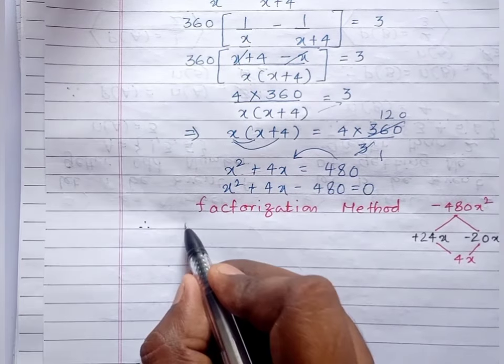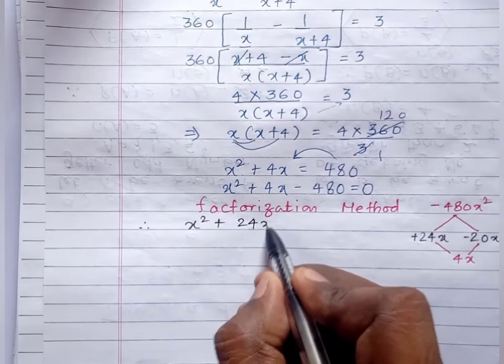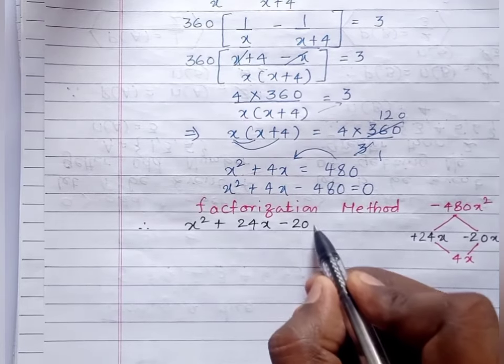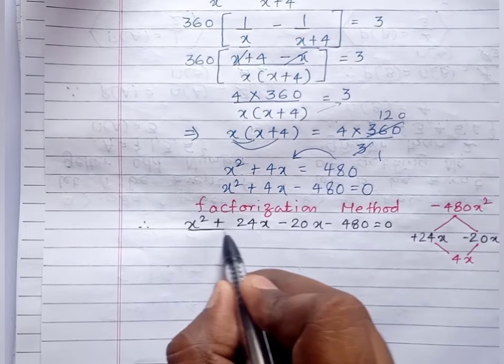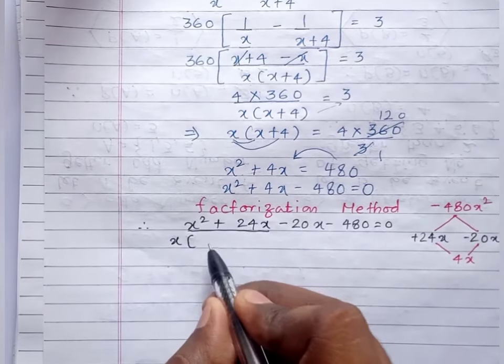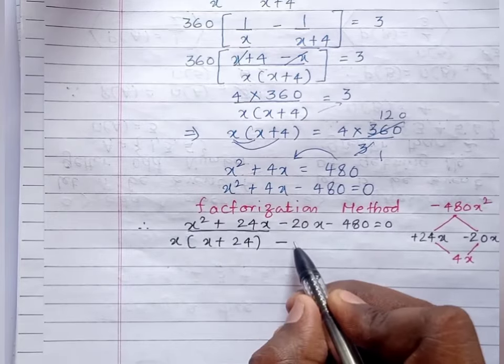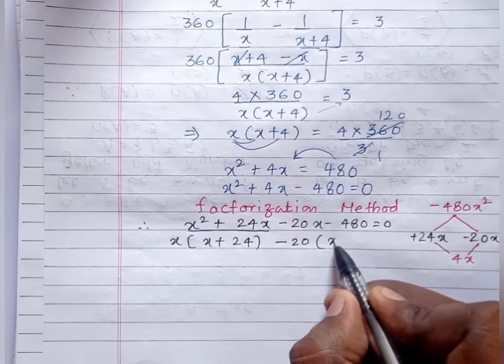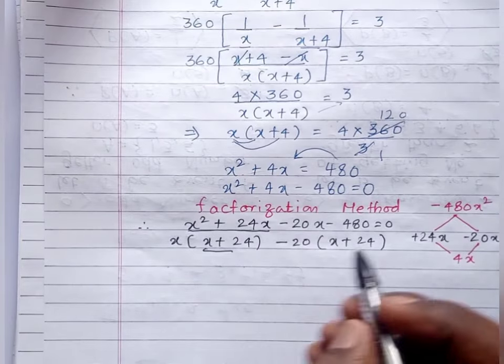Now splitting the middle term, x square plus 24x minus 20x minus 480 equals 0. Now taking common factor by grouping the terms. So x into x plus 24 minus 20 is common. What you get is x plus 24. x plus 24 is common.